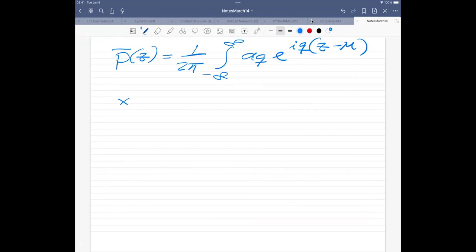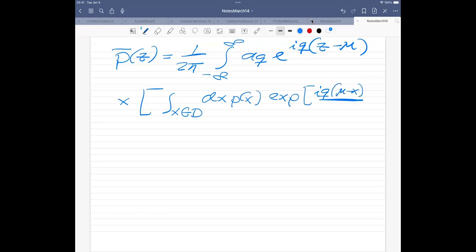And this is then multiplied with all these integrals because they are the same, since the probability is exactly the same. So I have a dx of p of x, and then I have the exponential, and this exponential has i of q of mu minus x divided by m, and this is to the power of m.